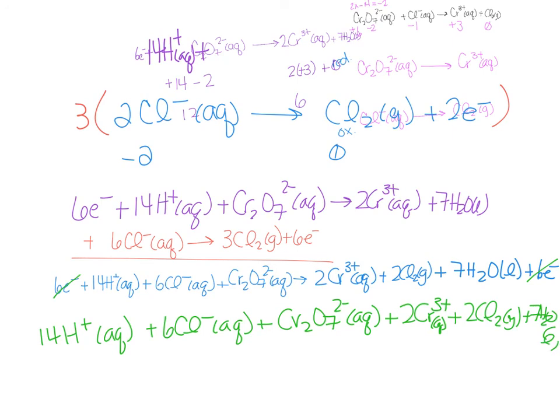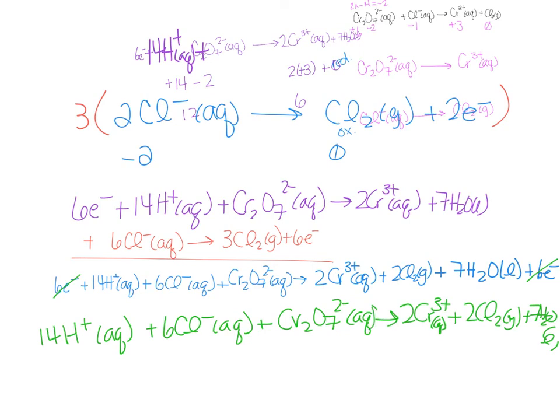And we still have a net ionic. I have 14 hydrogens on one side and I have 14 on the other. That's good. I have 6 chlorines on one, 6 chlorines on the other. I have 2 chromiums, 2 chromiums. I have 7 oxygens and 7 oxygens. Looks like it's pretty good. What is your next thing that you have to do?